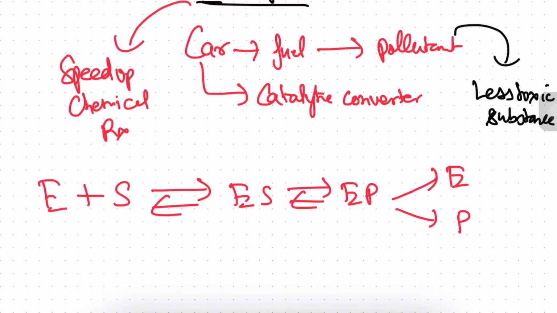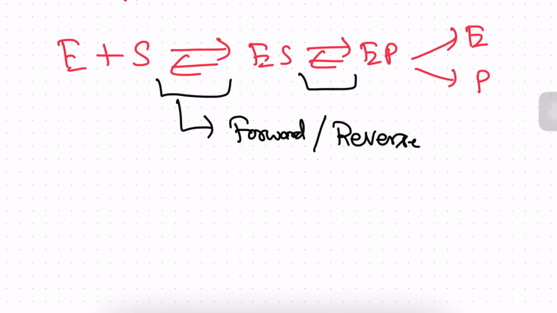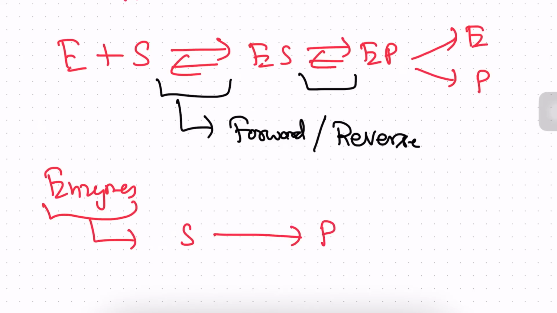Now here, if you see this reaction, this reaction is occurring both in the forward direction as well as in the reverse direction. So you are going to see that the enzymes are converting substrate into product and product into substrate.